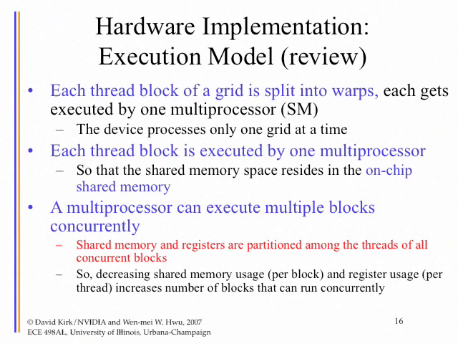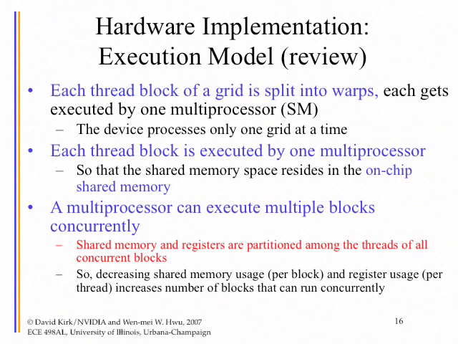The current generation has 8,192 registers. So let's say you want to run 512 threads on a streaming multiprocessor. I don't care how many blocks, how you organize it. Just let's say you want to end up with 512.